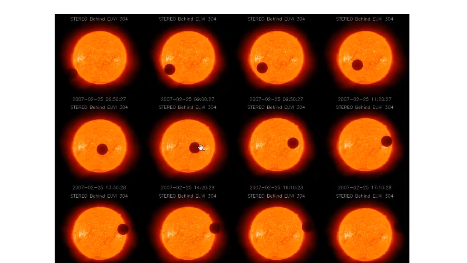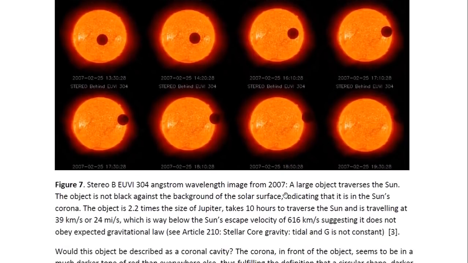But here we clearly see that it looks red, and that means that there's light being emitted by the corona, which is between the object and the detector, thus placing the object inside the corona. We can even see it entering and exiting the corona in several images, because the part that is outside the corona is still dark, it's black, whilst the part that's inside the corona is red.